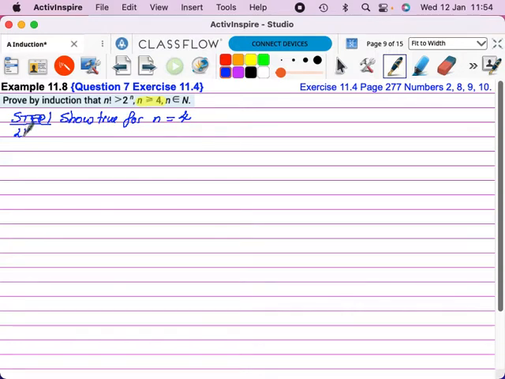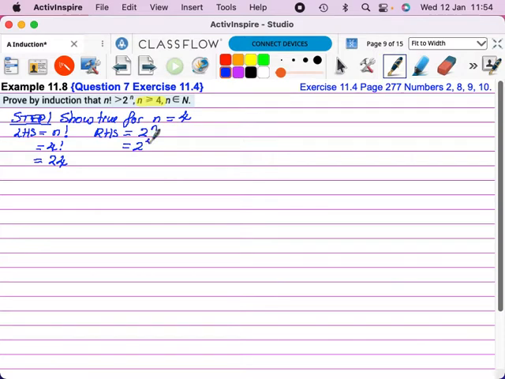So, left-hand side, what is the left-hand side? Well, the left-hand side is n factorial. So, it's 4 factorial. What is 4 factorial? Well, it's 4 times 3 times 2 times 1. Now, I make that 24. I do hope I'm right. Right-hand side. The right-hand side is 2 to the power of n. So what we got now?